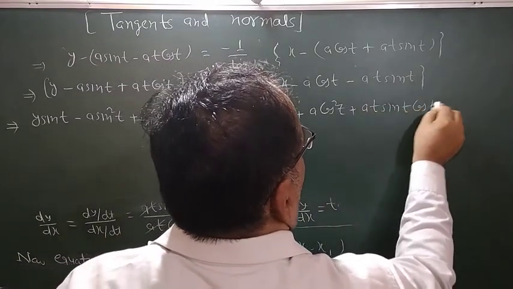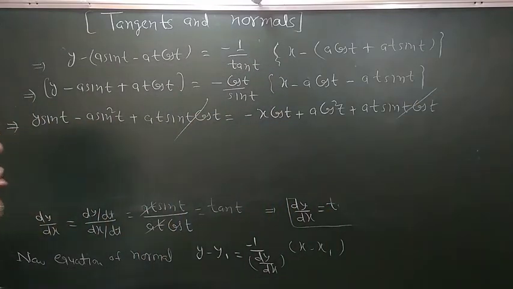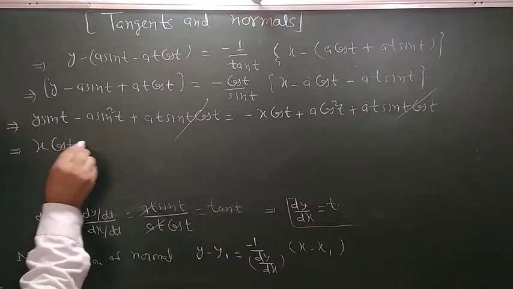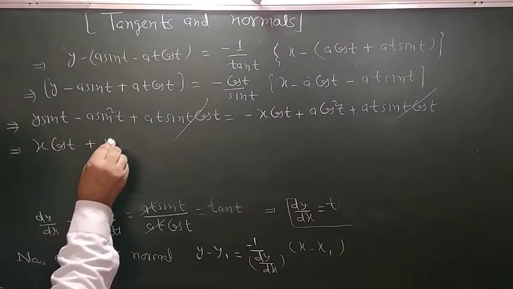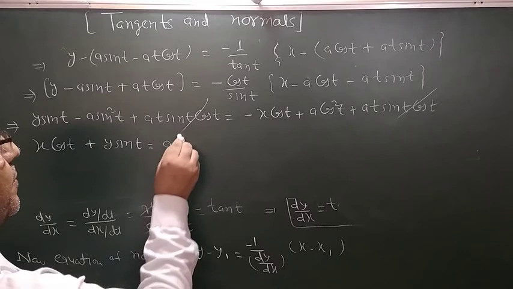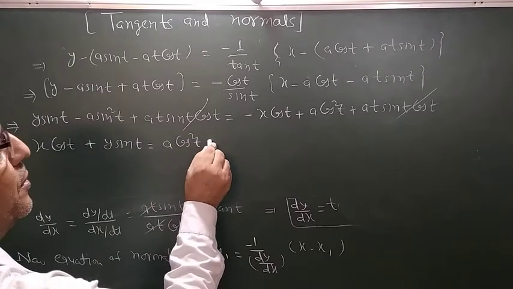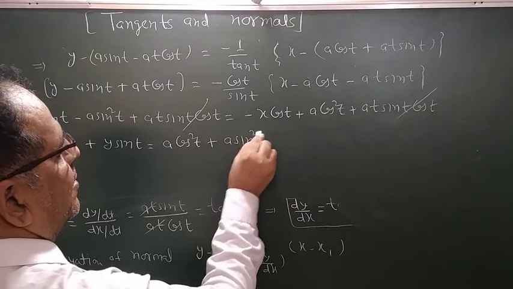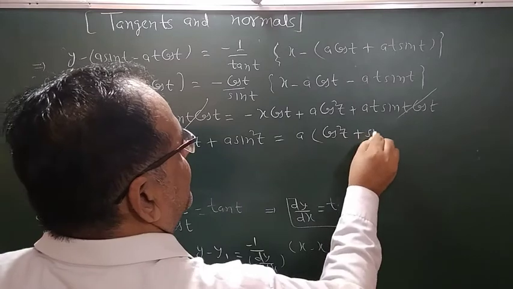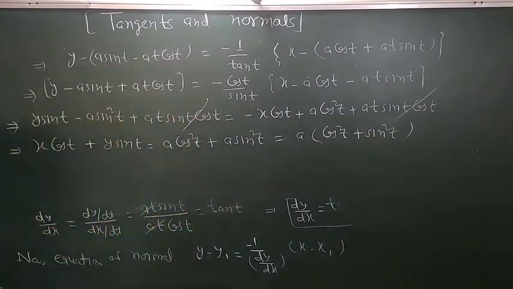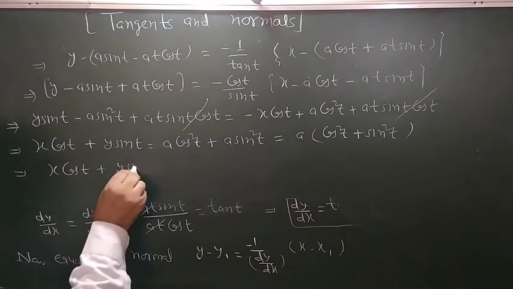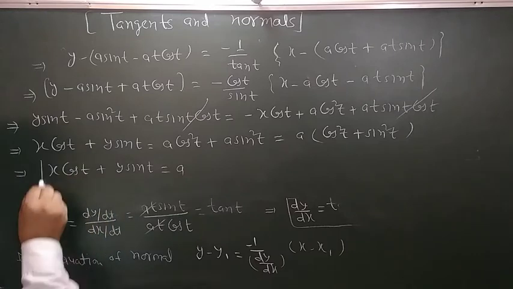At sin t cos t cancels out here. After transferring we have x cos t plus y sin t equals a cos square t plus a sin square t. Taking a common, we have cos square t plus sin square t. This implies that x cos t plus y sin t equals a. This is the equation of normal.